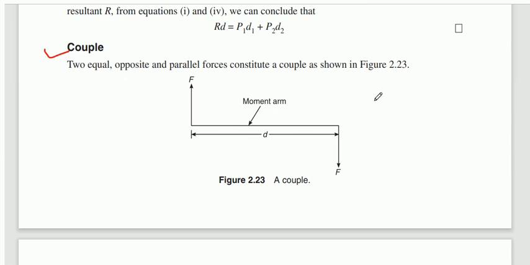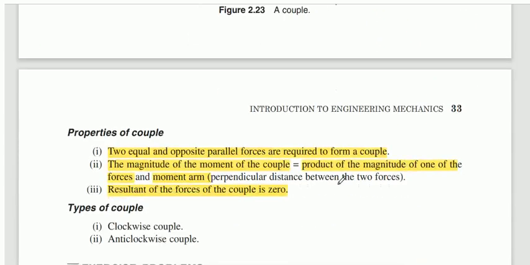If you want to calculate the resultant, there are no inclined forces here. F, which is moving upward, plus one force moving downward, that is minus F, therefore it is 0. So the resultant of the forces of a couple is always 0.